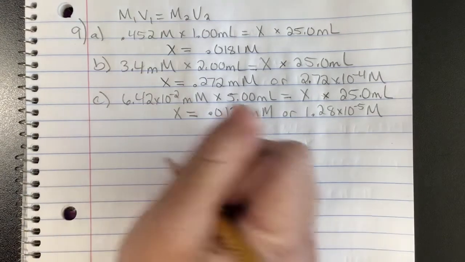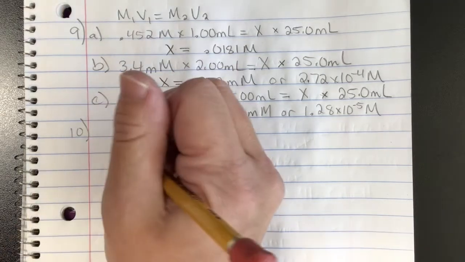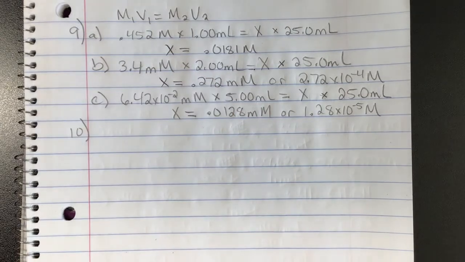Okay, number 10. This one is still a dilution question. So we have 0.05 molar HCl, and it says it can be made by diluting 250 mils of a 10 molar hydrochloric acid solution. So it's wanting to know what is the volume that we can make. Okay, so again, M1V1 equal to M2V2.